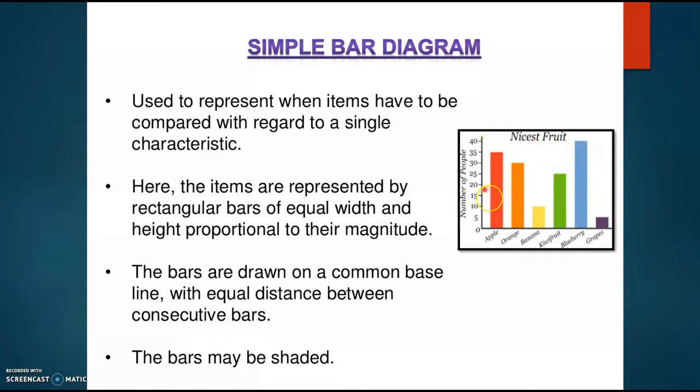Children, look here. This is an example of simple bar diagram. On the x-axis, we mark different kinds of fruits, and on the y-axis, the number of people. Then make rectangular bars of equal width and height proportional to the magnitude or the frequency.